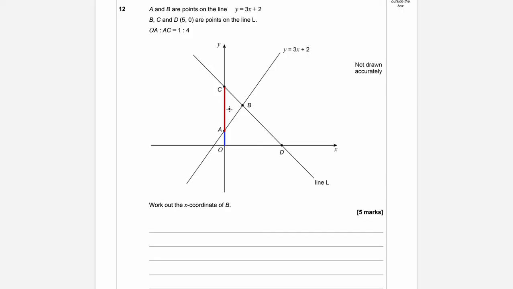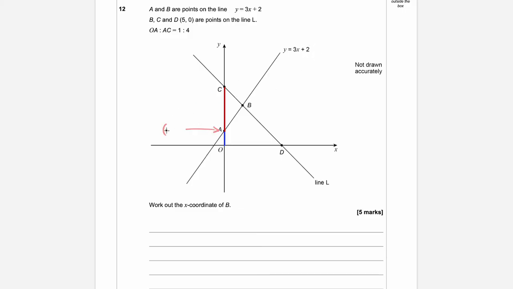Okay, so let me just think a second, guys. If this is 1 to 4, then these intersect. Okay, so hang on. Let me first find this coordinate, guys. Sorry, this coordinate there is 2 because it's the y-intercept here.